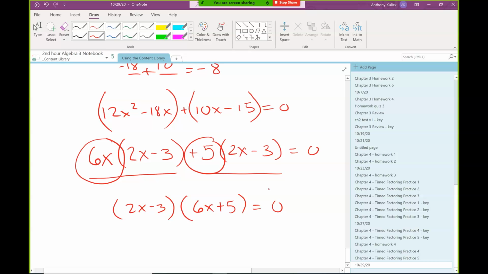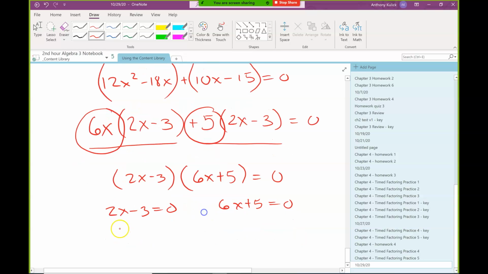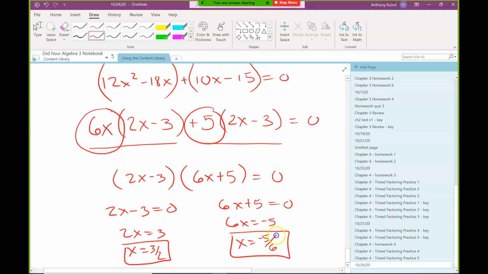So now it's factored, right? So I can apply the zero product property now. And I can solve each one of these separately. So if I add 3 to both sides and then divide by 2, or subtract 5 and divide by 6, there's our two solutions.